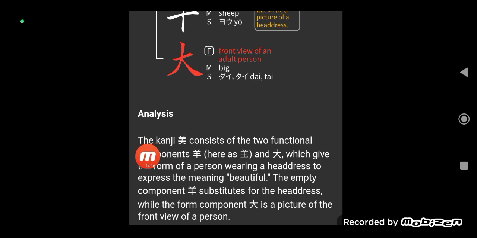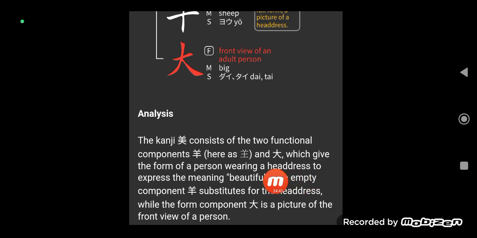See, the kanji bi or mi, beauty, consists of two functional components. Here it's a goat, but it was later on corrupted to a headdress, and the other is o or big, which gives the form of a person, usually a woman, wearing a headdress, to express the meaning beautiful.